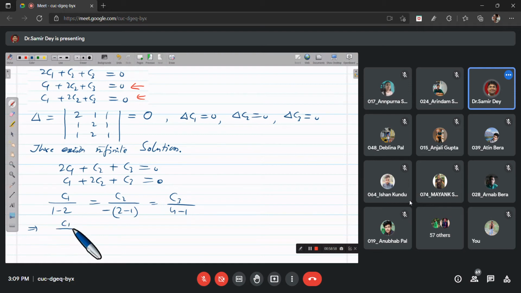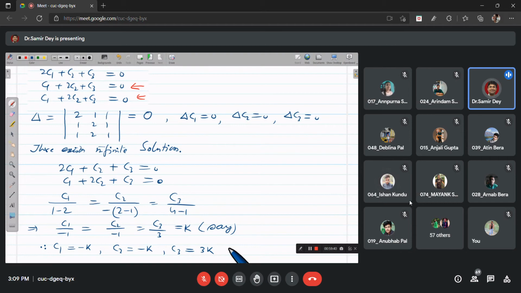So ultimately you have C1 by minus 1, C2 by minus 1, C3 by 3, equals K. That means you are considering some K. So therefore, C1 is equal to minus K, C2 is equal to minus K, C3 is equal to 3K. Can you write this?